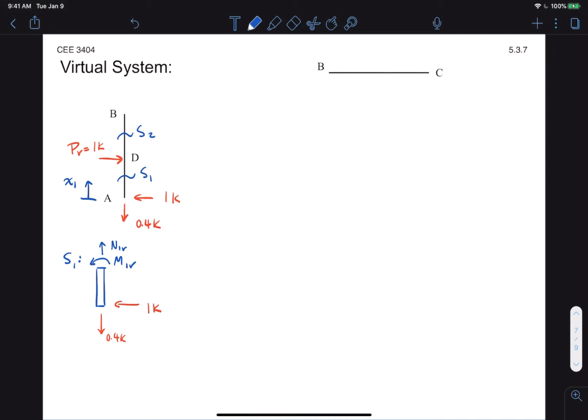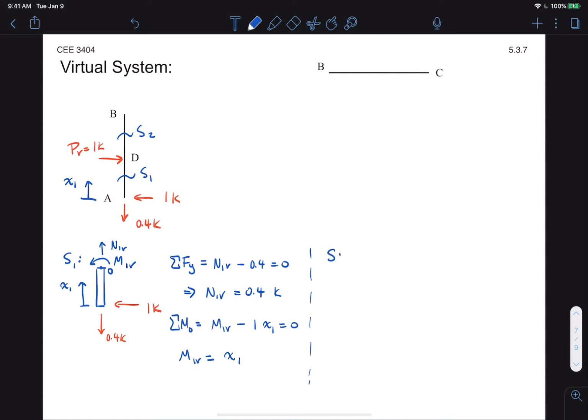There's my free body diagrams. From sum of forces in the y direction, I get N1V equal to 0.4 kips. And from sum of moments around point O, being mindful of my constant of integration, I get M1V equal to x1.